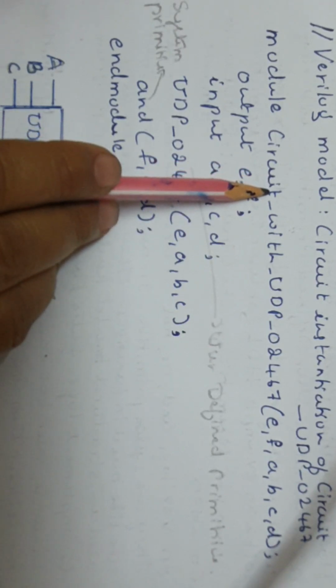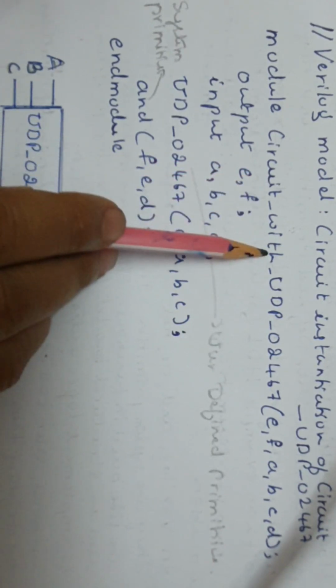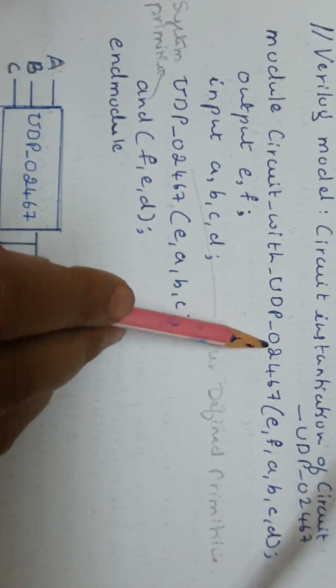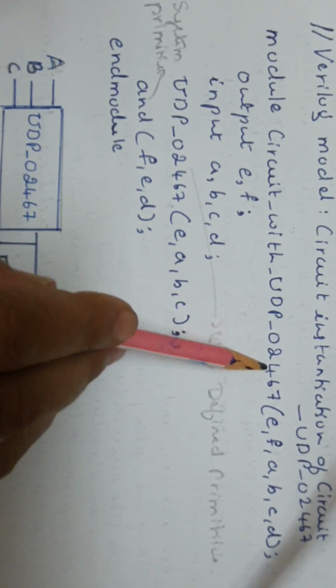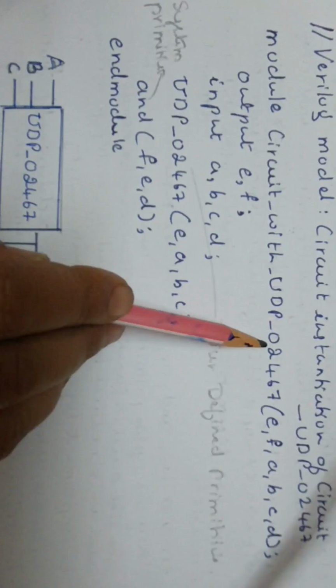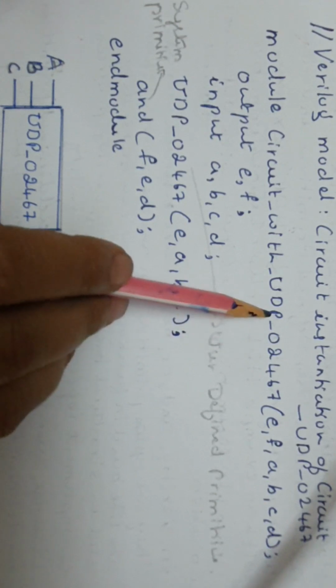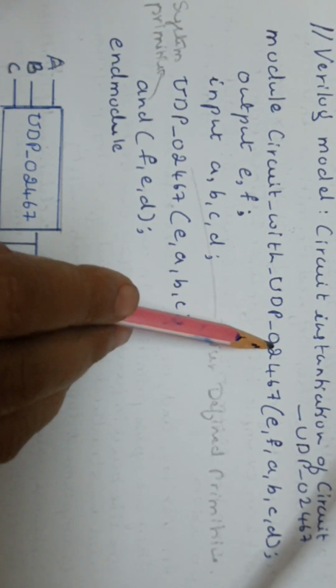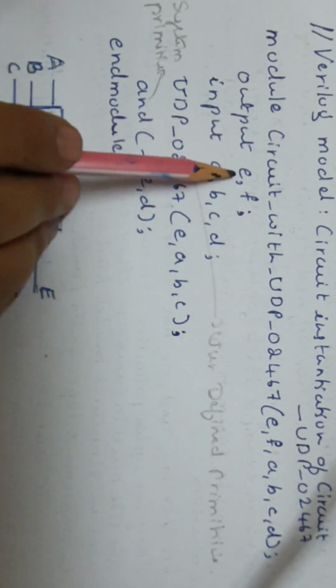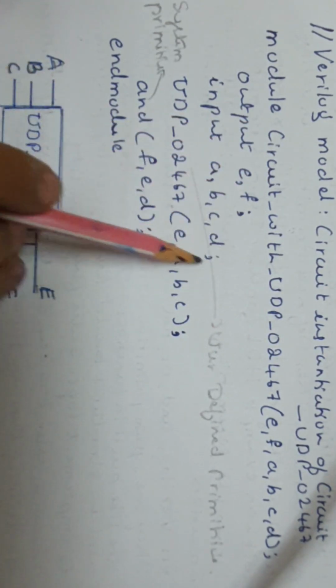They are going to create a new circuit with the user defined primitive we just created, which follows the function 02467. For these minterms, it will give logic 1 as the output. That kind of primitive the user had created. Using that, we are going to create a new program.